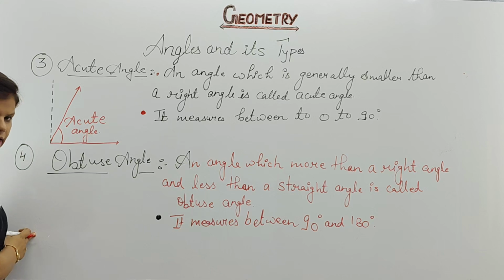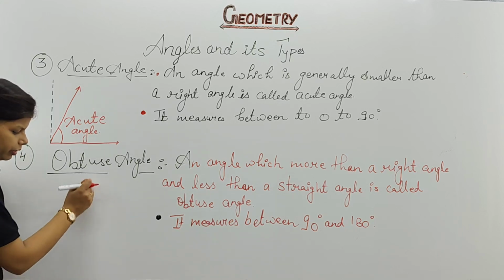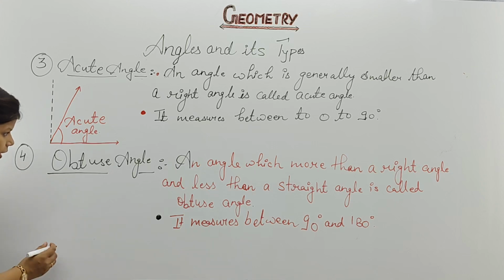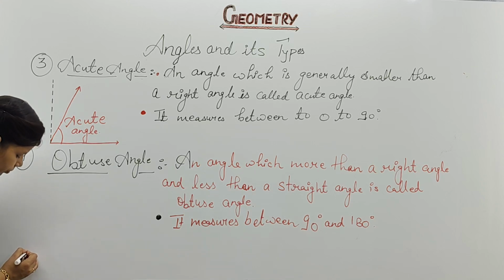Now we have to draw one straight line and then we have to draw the angle on that, and we can decide that afterwards. After the 90 the angle will be more than 90. For example, we are going to draw an angle from here. Suppose this is your line I have drawn with the help of scale. Clear?